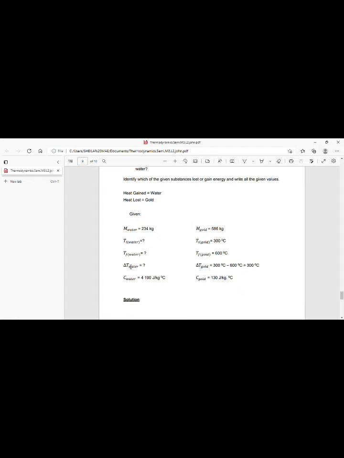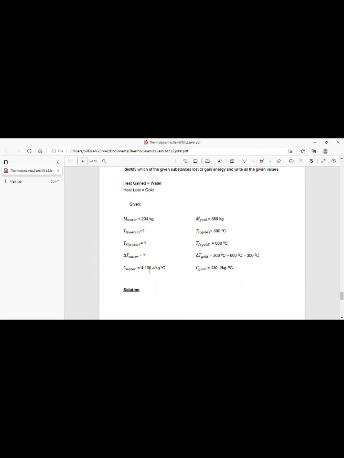Also, without the final and initial temperature, there is no change in temperature of the water. This is the reason why we have the delta T, which is the change in temperature. The specific heat of the water is 4190 joules per kilogram degree Celsius.